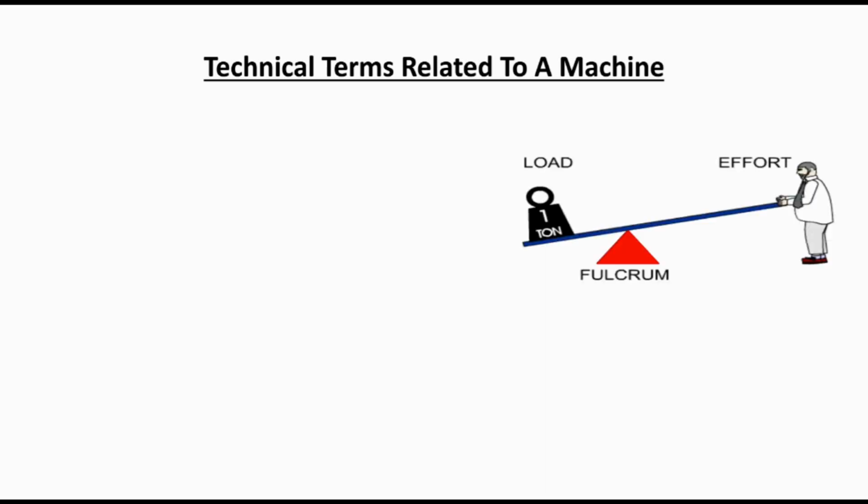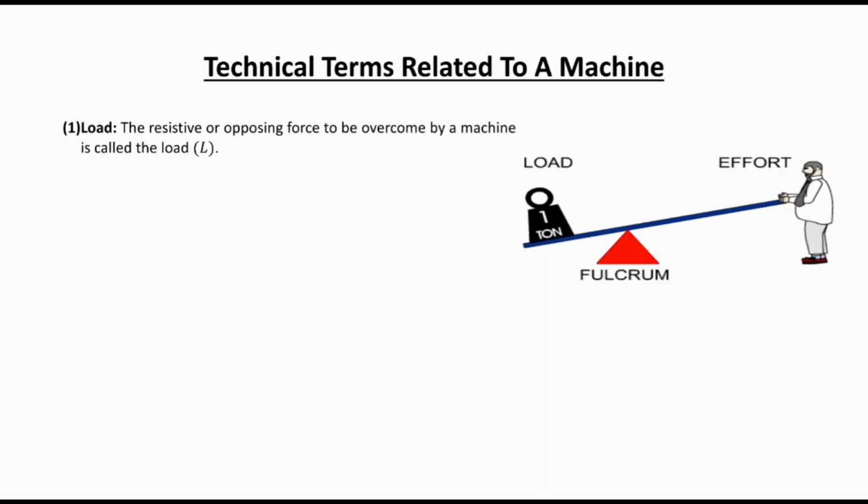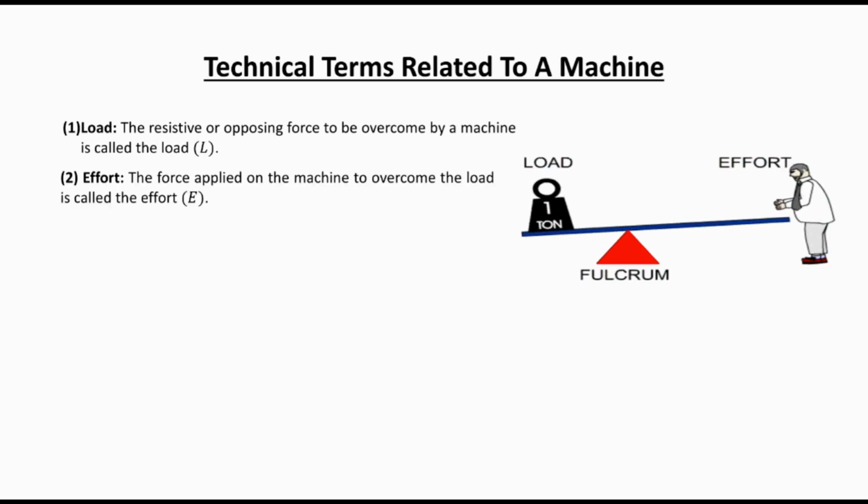First, load. The resistive or opposing force to be overcome by a machine is called the load. It is represented by the capital letter L. Now second, effort. The force applied on the machine to overcome the load is called the effort.